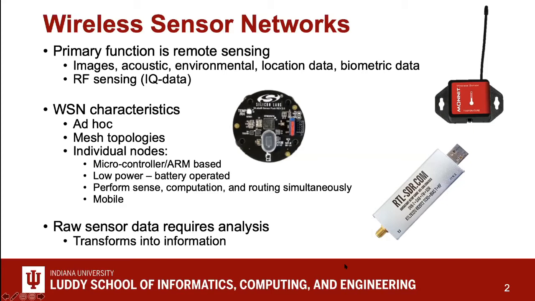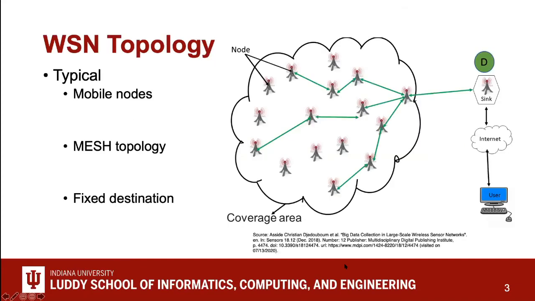But ultimately, a wireless sensor network's function is to provide raw sensor data that can then be analyzed and used for some ultimate purpose at the end. And as I mentioned earlier, here's a picture of a wireless sensor topology. There are different mobile nodes. They form a mesh topology. But what's key is that in typical WSNs, there's a fixed destination.